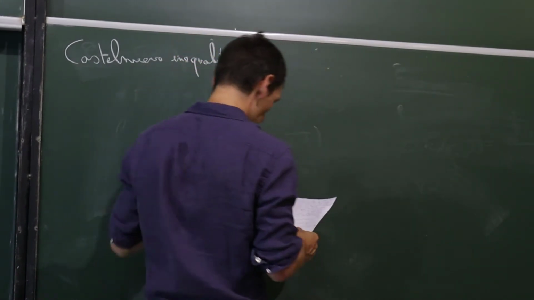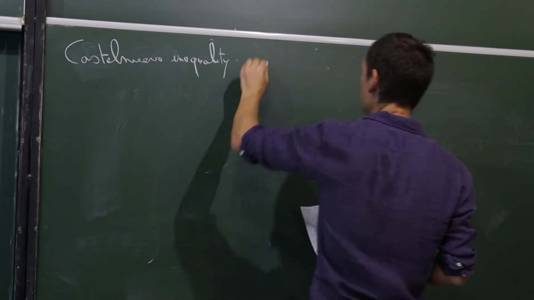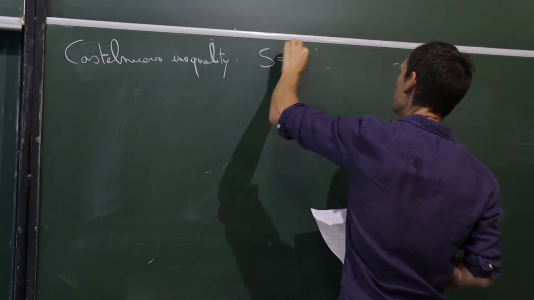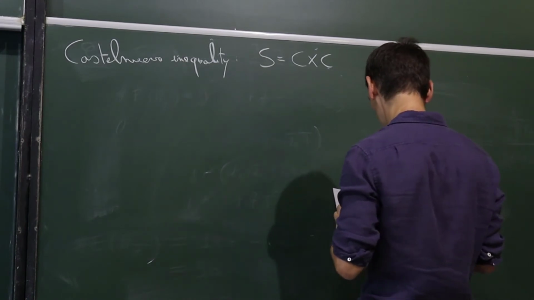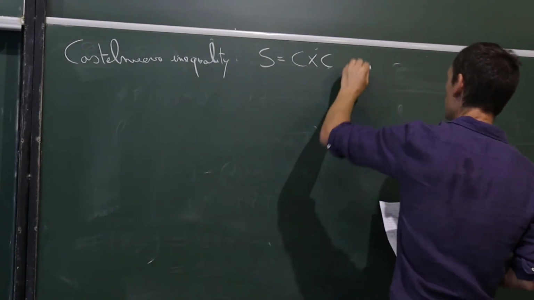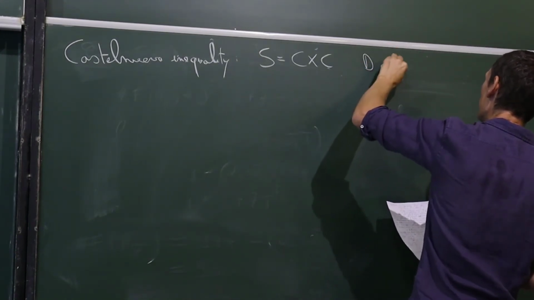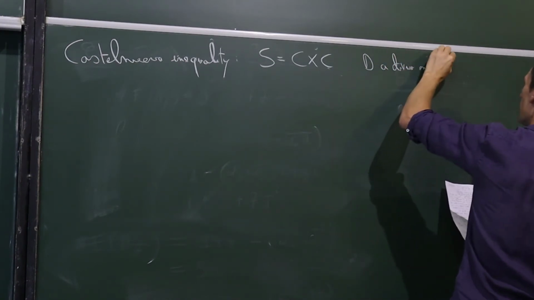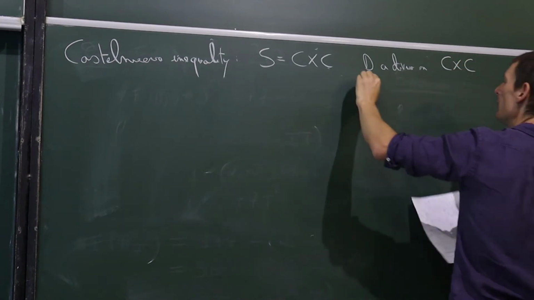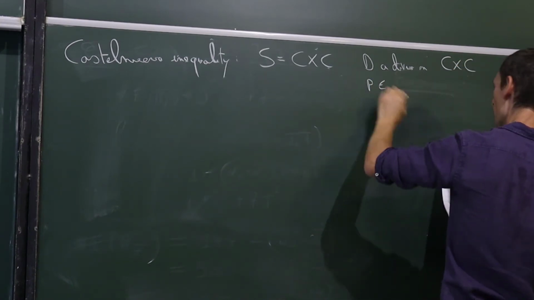And this one is specific to the surface C times C. So here S now is going to be the product of C with itself. And I'm going to take D, a divisor on C times C. And P is just a point on the curve.